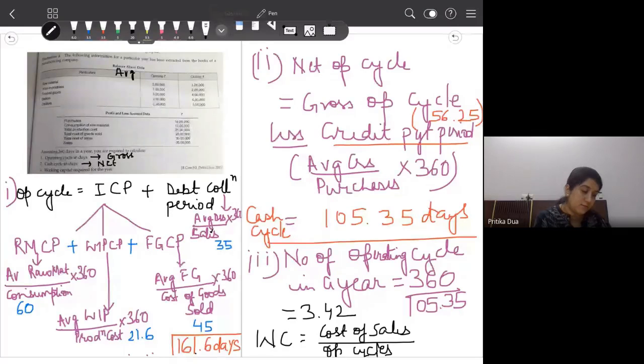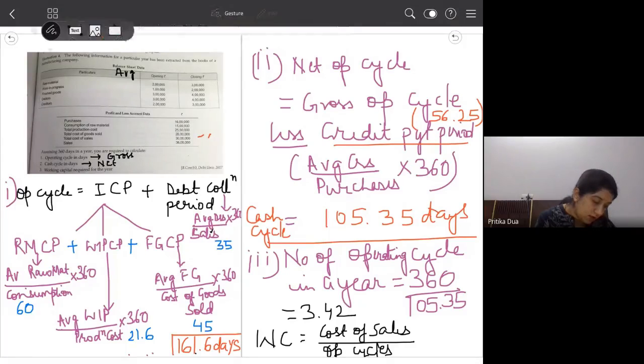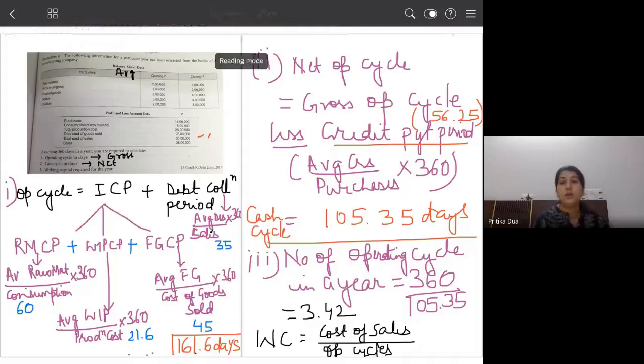So that is coming to, please calculate 20 lakh. Sorry, this is 30 lakh. I'll just zoom in on the value also. This is 30 lakh divided by 3.42.